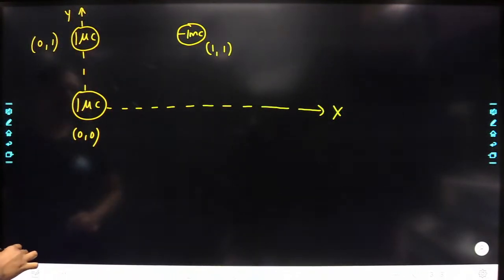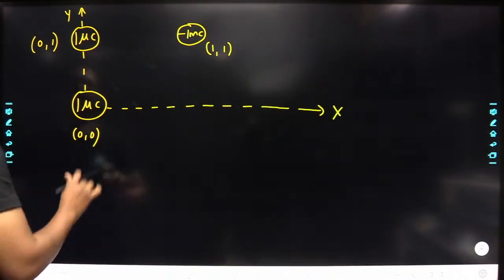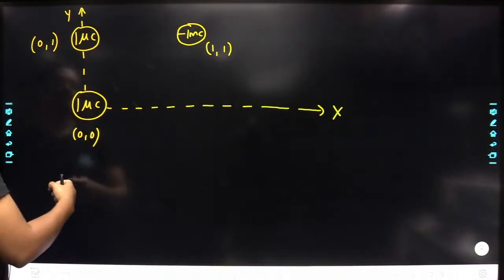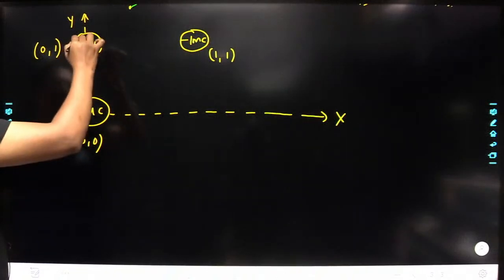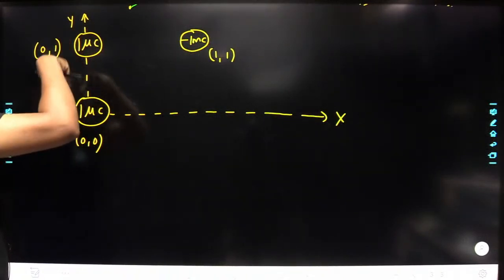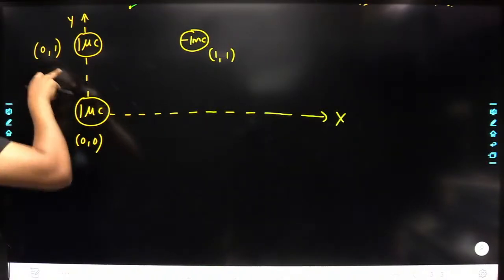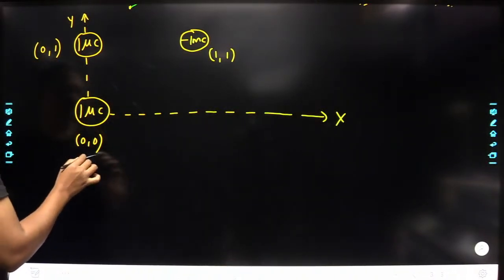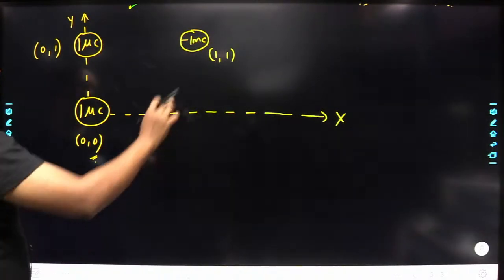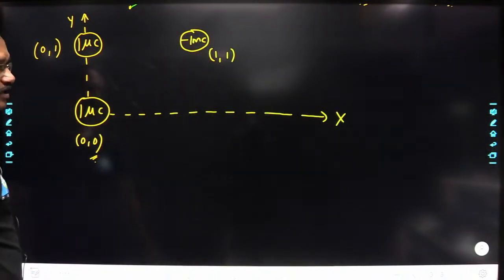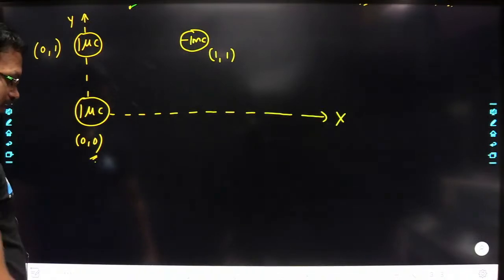So here you are having 3 point charges. Here 2 point charges are placed along y-axis. That is 1 microcoulomb is placed at 0, 1, and another 1 microcoulomb is placed at 0, 0, and minus 1 millicoulomb is placed at 1, 1.